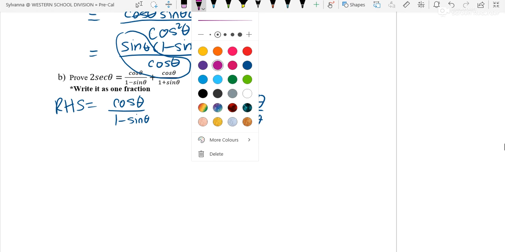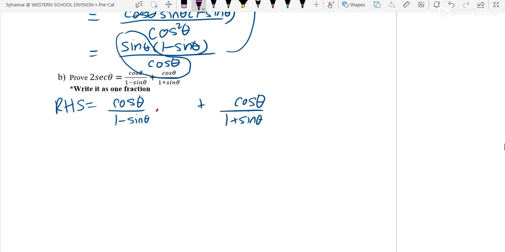I'm going to multiply the first one by 1 plus sine theta top and bottom for the common denominator. And the other one's going to be 1 minus sine theta.